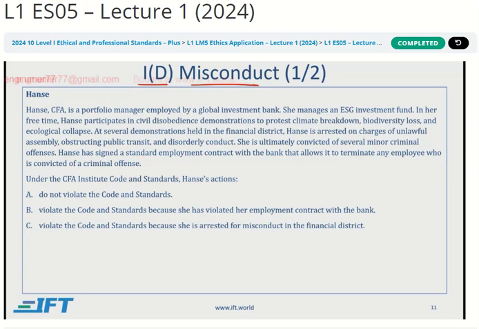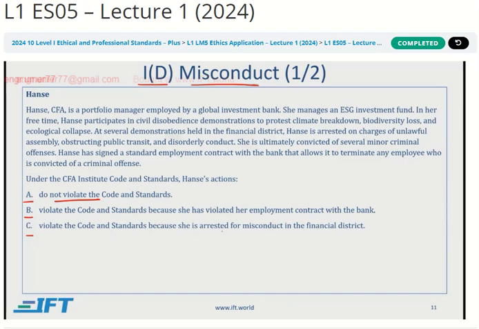Hanse has signed a standard employment contract with the bank that allows it to terminate any employee who is convicted of a criminal offence. Under the CFA Institute Code and Standards, Hanse's actions A. do not violate the code and standards, B. violate the code and standards because she has violated her employment contract with the bank, and C. violate the code and standards because she is arrested for misconduct in the financial district.